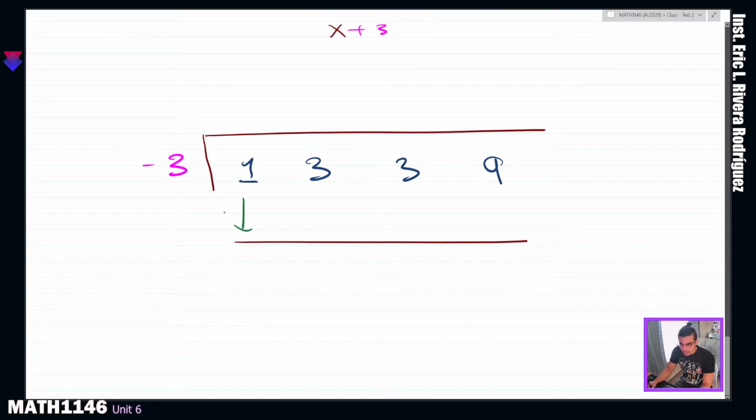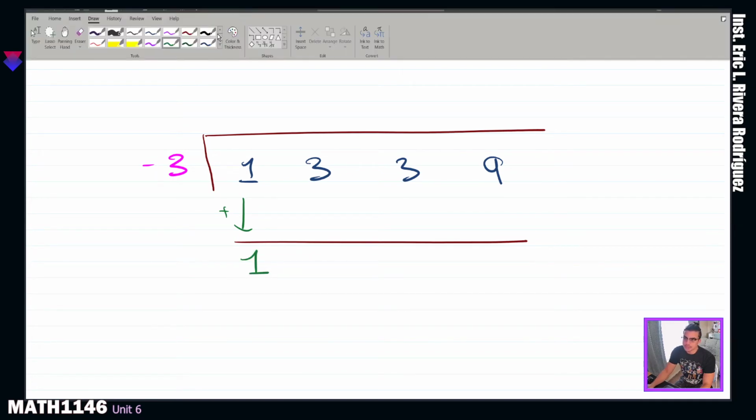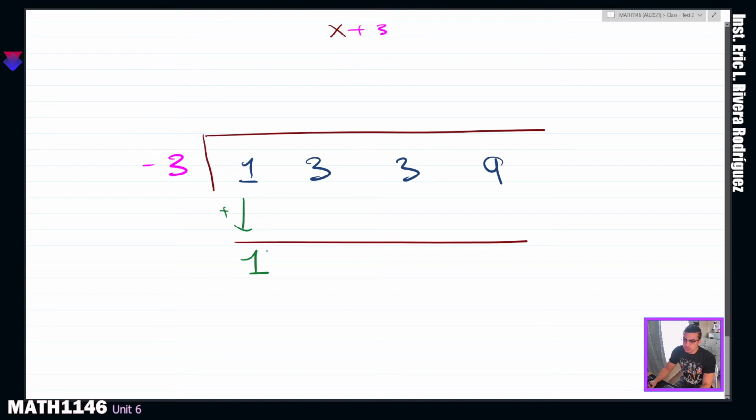Down, we add. So 1 plus 0, there's nothing there, 1. Going up, we multiply. Multiply what? -3 times the value that we have here. So -3 times 1, -3 there, right?